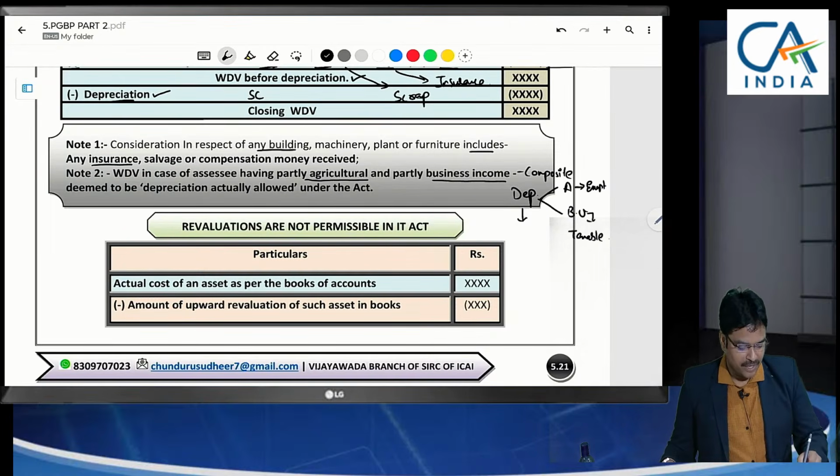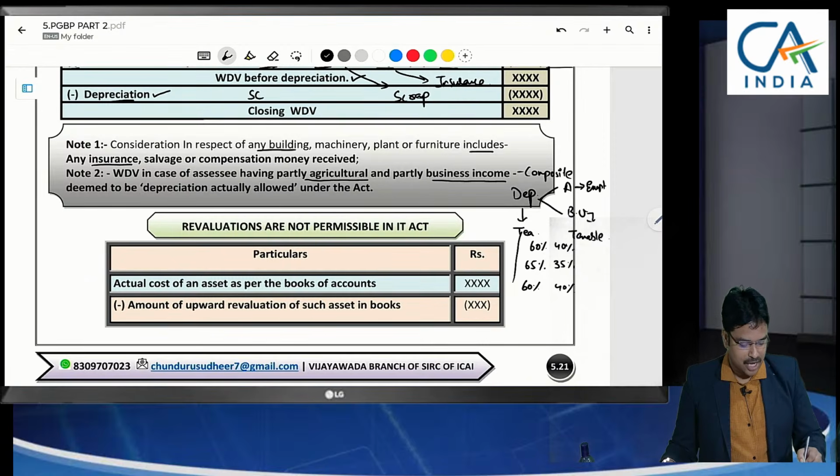In the case of growing and manufacturing tea, we have 60% agriculture, 40% business. Growing and manufacturing coffee, 65% and 35%. Roasted coffee, again 60% and 40%.